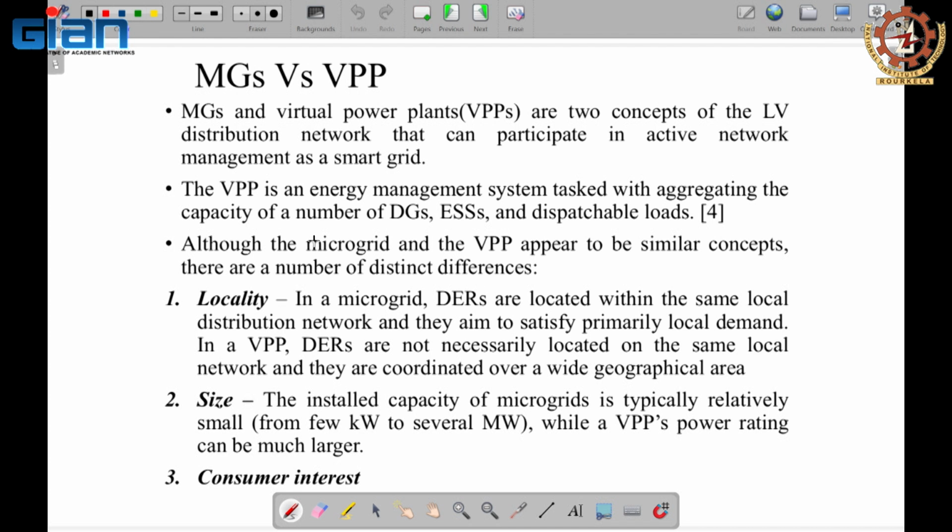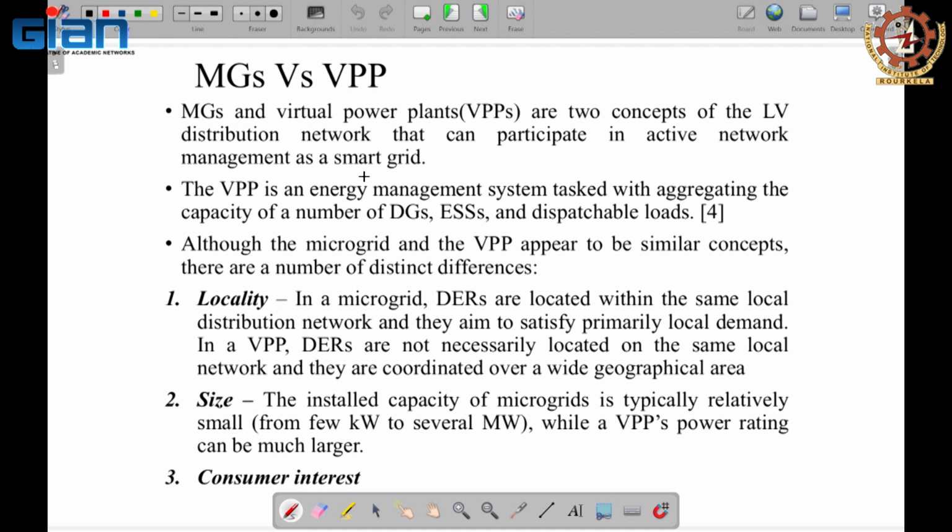Similar to that, in the literature one more term is also used, called virtual power plants. As I said, these terms are used in the literature, so you may need to go a little deeper for understanding. A virtual power plant is basically a kind of energy management system aggregating the capacity of a number of DGs.